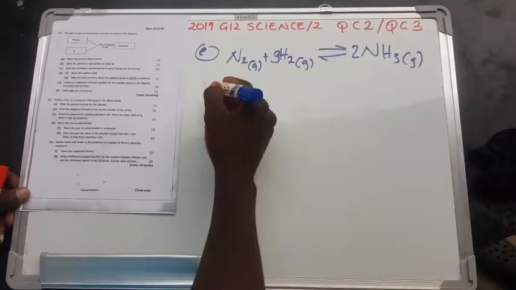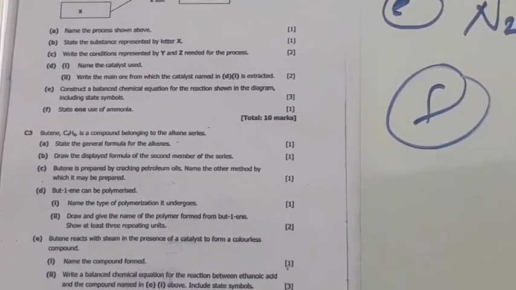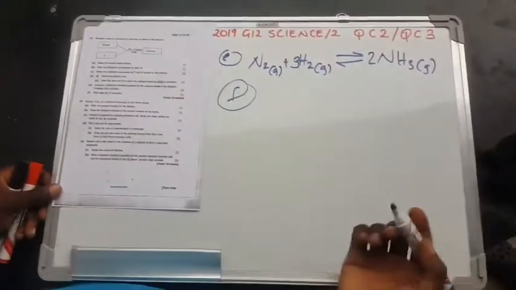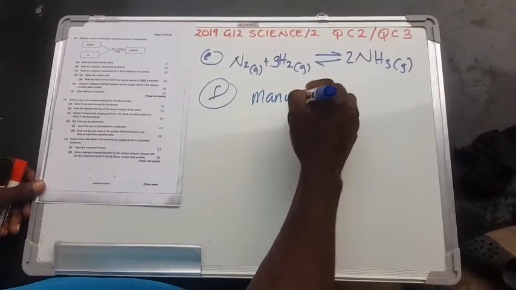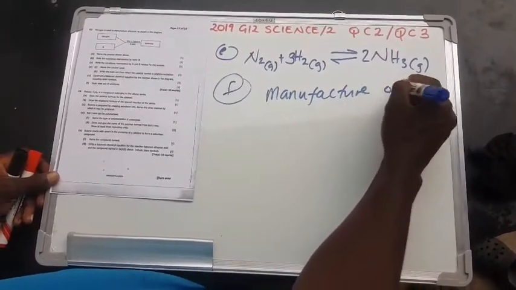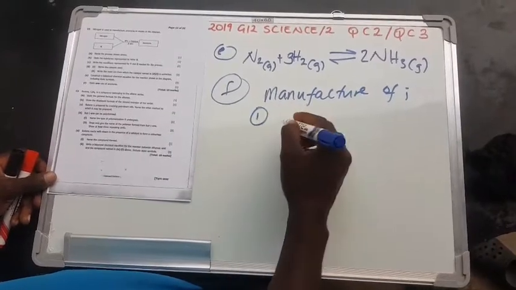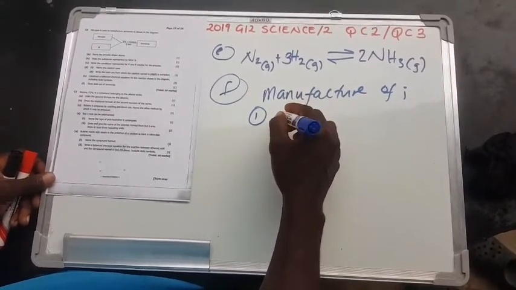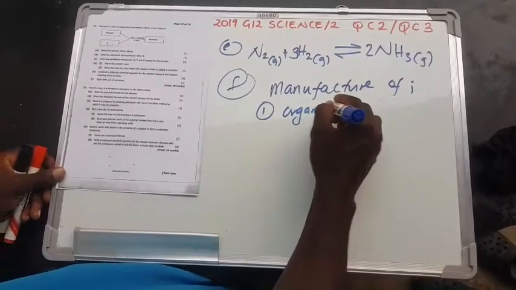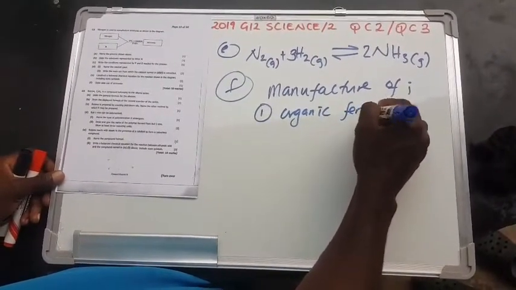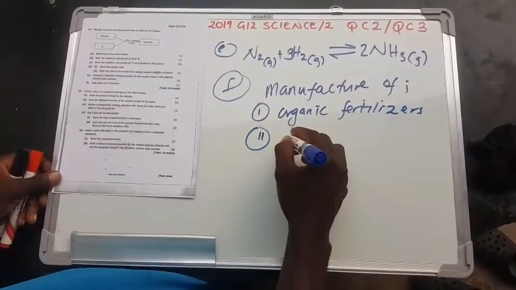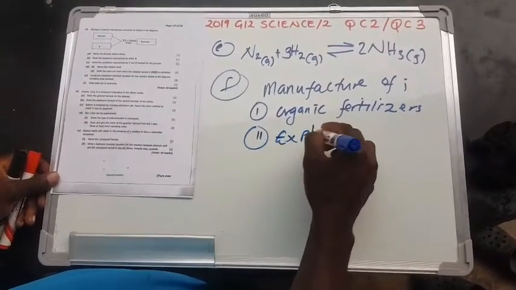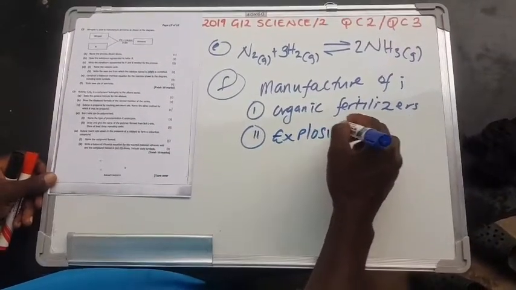Then the use of ammonia. Ammonia can be used for a lot of things, but here they just said one. So I'm going to mention a few. I'll say manufacture of organic fertilizers, then second, in the manufacture of explosives.